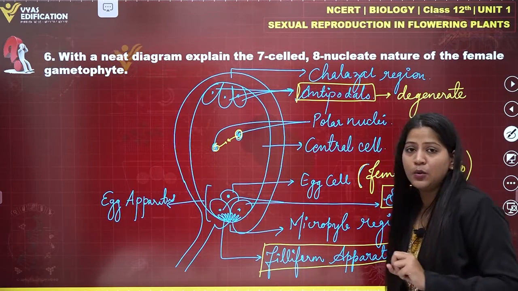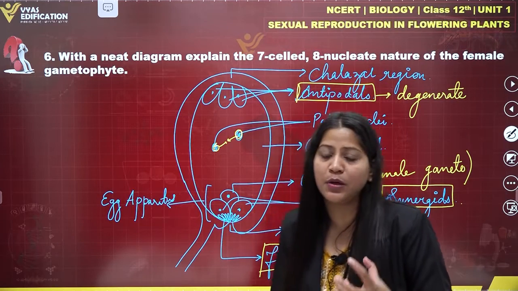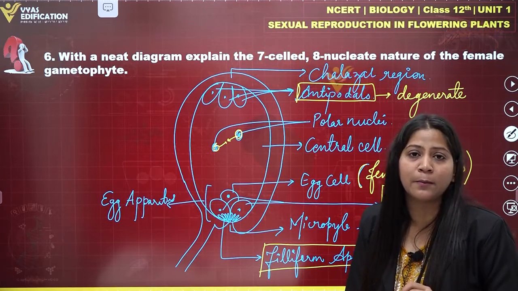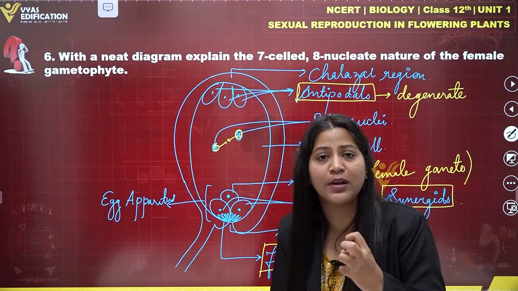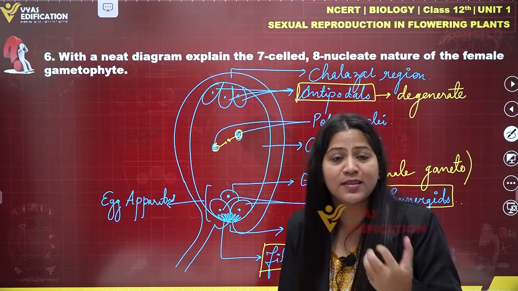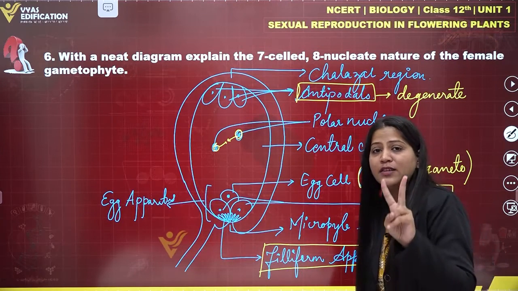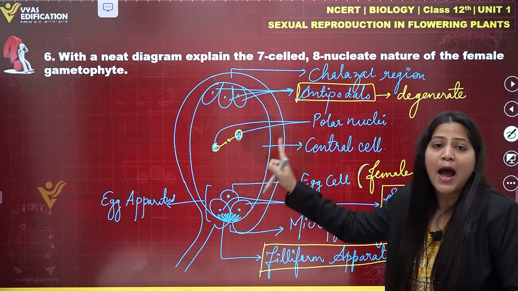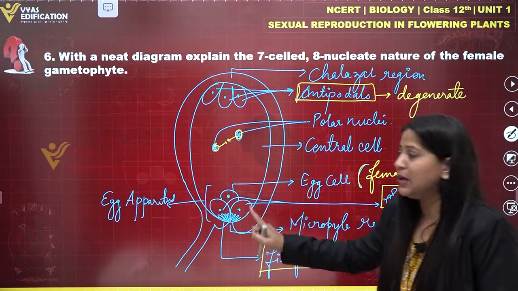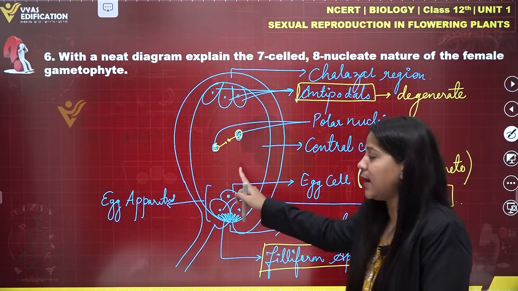This secondary nucleus will fuse with another male gamete, as we know that a single pollen grain is capable of making two male gametes at a time. One male gamete will fuse with the egg cell, and the remaining male gamete will fuse with the secondary nucleus present in the central cell.